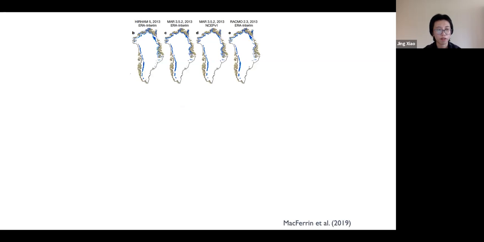This is part of a figure from that paper. The blue color here indicates the distribution of thick ice layers in Greenland in 2013, which is after that extreme melt year in 2012. These four maps are the simulation results forced by different reanalysis datasets.